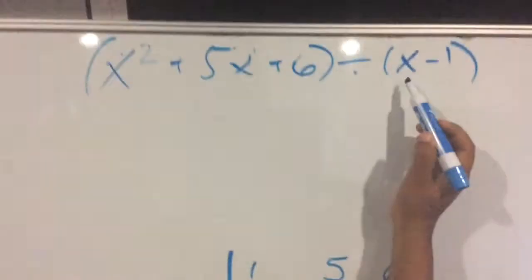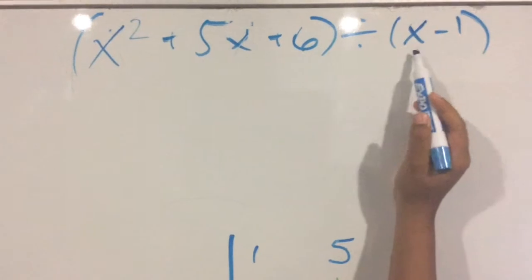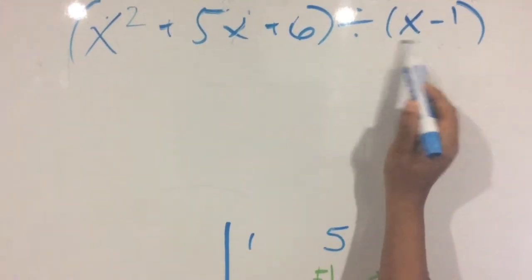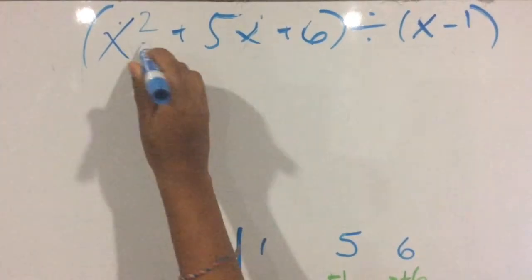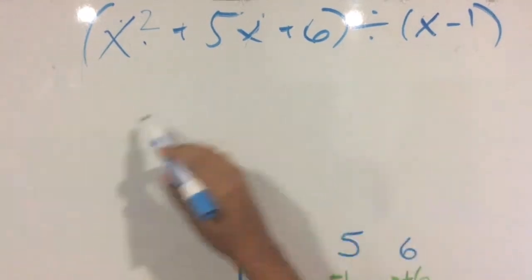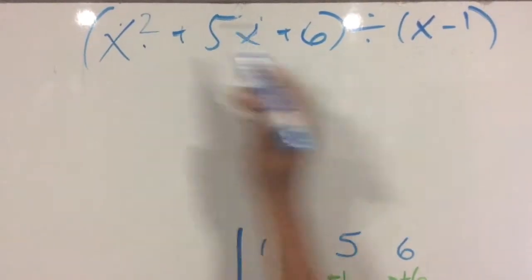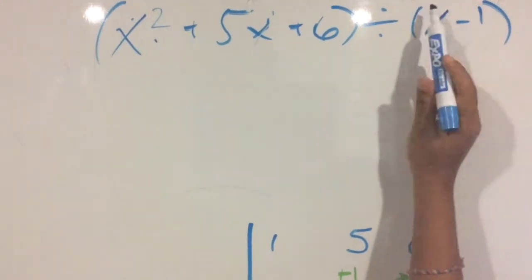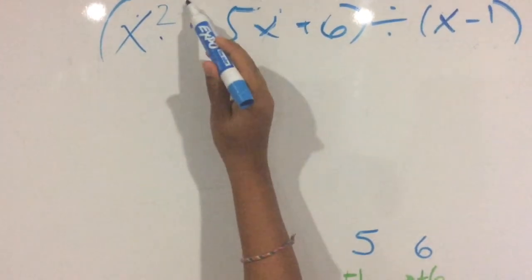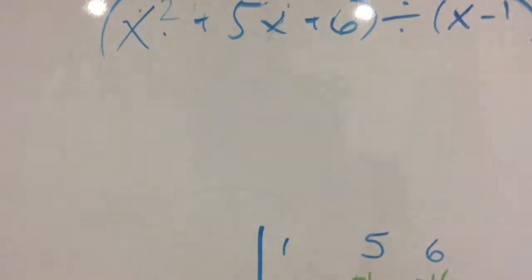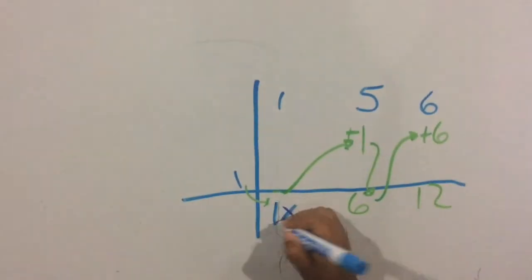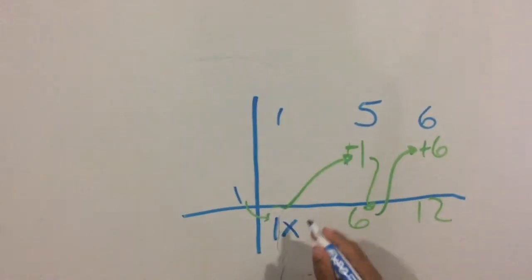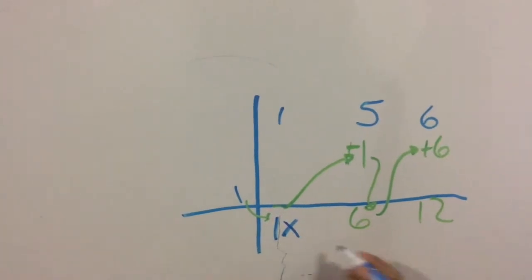Okay, so since we're dividing by an x, and we have x squared here, whenever we divide, we always have to subtract the exponents. So x squared, you subtract the exponent, 2 minus 1, which would be x. So here we have 1, which was carried down here. All we do is put an x here.